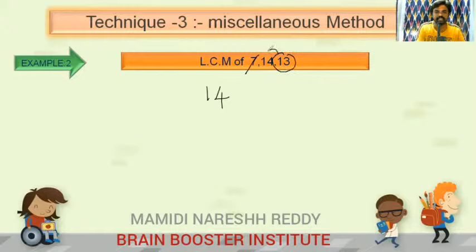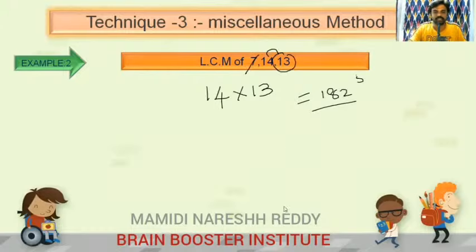As 13 is co-prime with 14, I directly multiply 14 by 13. 13 fours are 52, and 13 ones are 13, plus 5 is 18, so 182 is the LCM of 7, 14, 13. Let's go to the next problem.